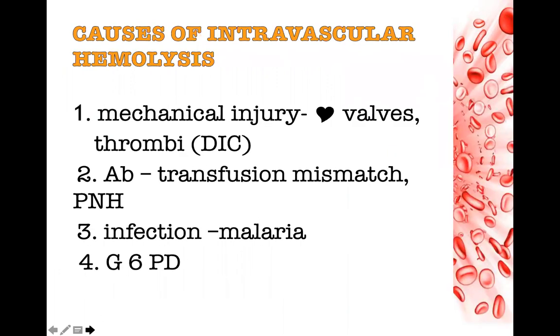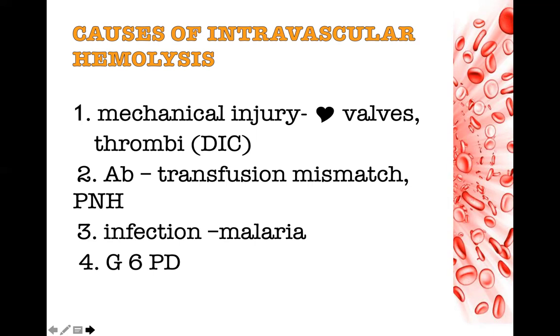Let's talk about causes of intravascular hemolysis, meaning these are the hemolytic destruction that takes place within the blood vessel. It may be a result of mechanical injury, for example, a patient with artificial heart valves, so upon passing through the prosthetic valve, the red cells could get destroyed, or could be a result of thrombus formation like what we see in disseminated intravascular coagulation.